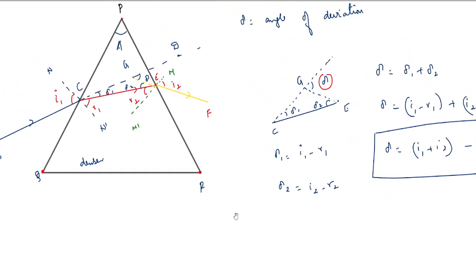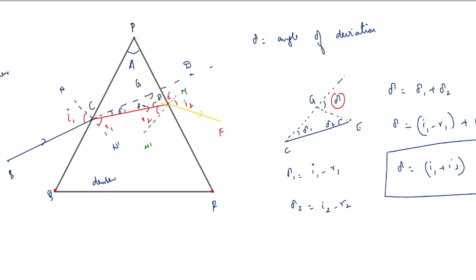Now, by taking different light rays, that is, by taking one light ray to fall at an angle like this, where I1 is 0, and by slowly changing I1 to different angles, for example here I1 is increasing and light falls like this. In this case, I1 is 0 basically.